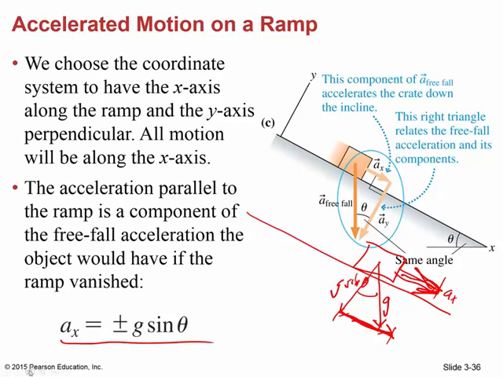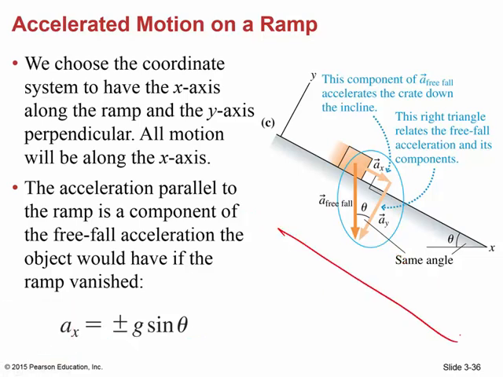Okay, I'm making a mess. We're looking for that part right there and that part right there. This one and this one match up. And so this angle is opposite over the hypotenuse, right?